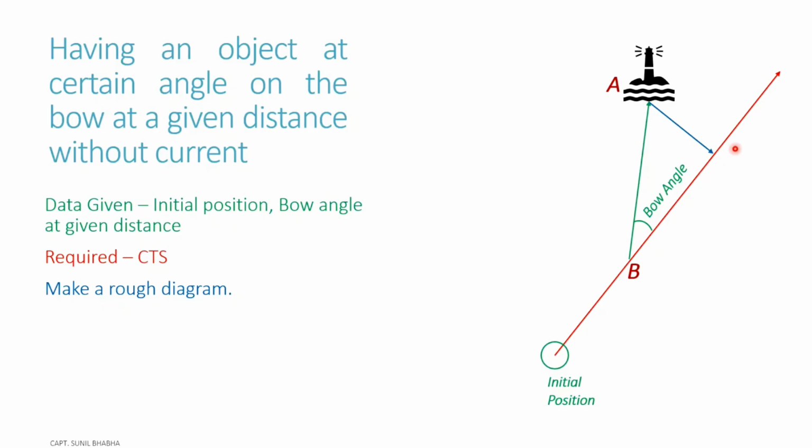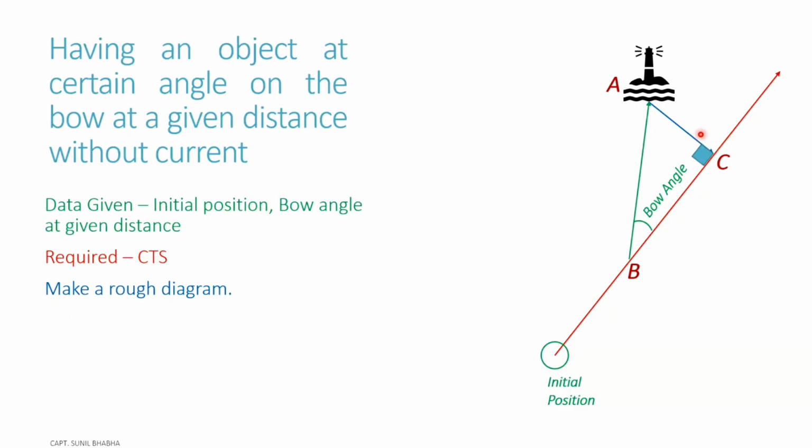You can see this perpendicular in blue color. This angle here would be a 90-degree angle, since it is a perpendicular, the angle would be a right angle. Let's mark this point where the perpendicular touches the CTS as C. So we have this Charlie point here in our rough diagram.